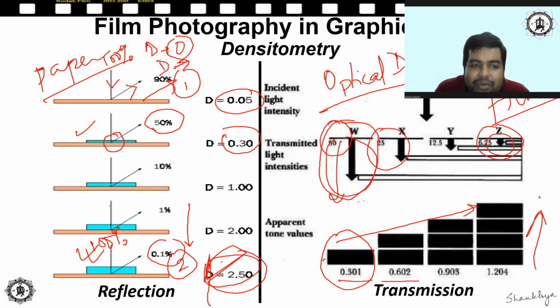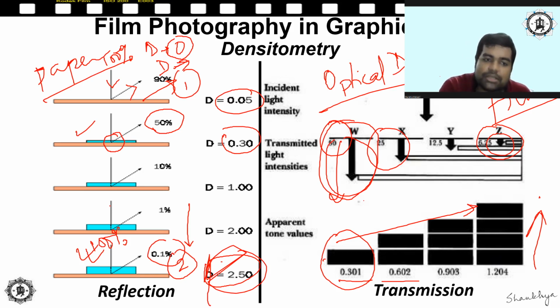But no matter how much we increase the ink film, 100% of light is never going to get absorbed. Never going to happen, because some amount of light always comes back to us. Otherwise we would not be able to see the ink film at all. If no light is getting reflected from the ink film, then we are not able to see the film at all, right?